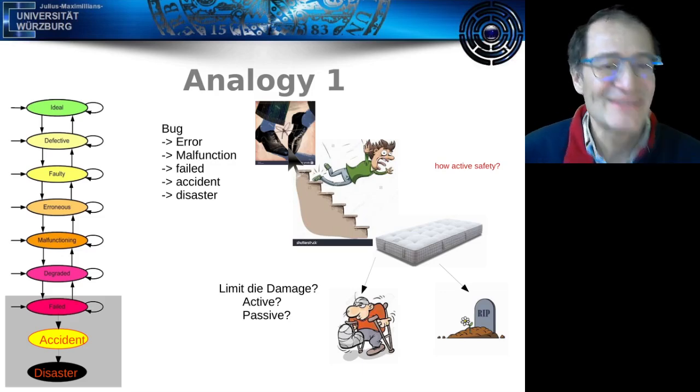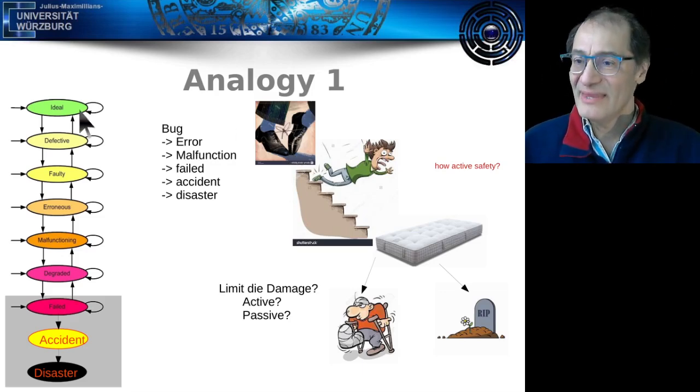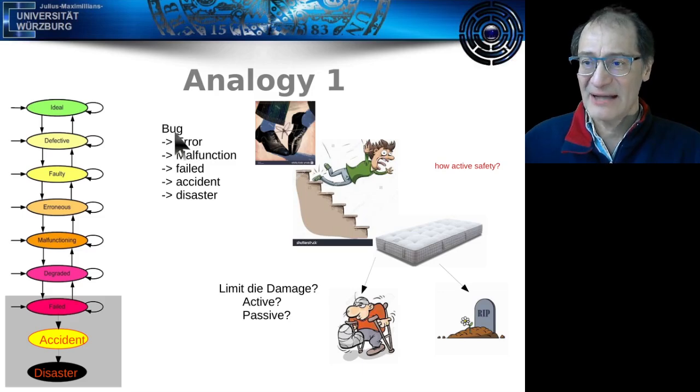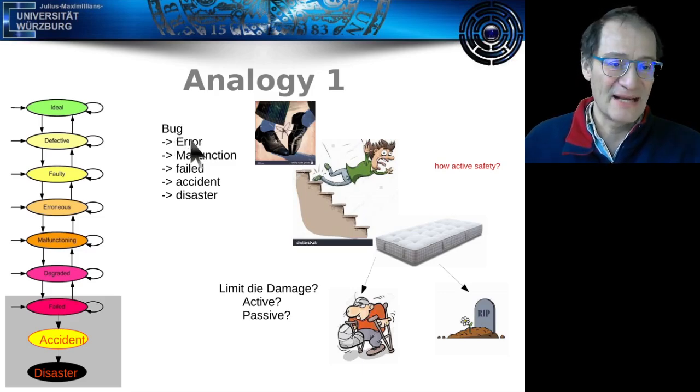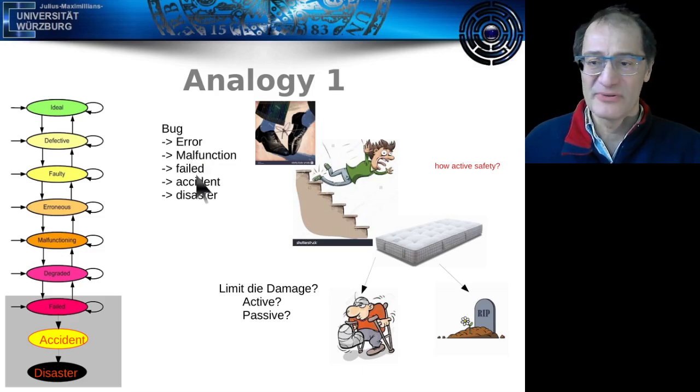Now let's see some analogies. Okay, we have here a bug. The bug produces an error. The error produces a malfunction. The malfunction produces a failed module. The failed module produces an accident, and then the disaster. So we have here the bug. Something was wrong from the beginning.